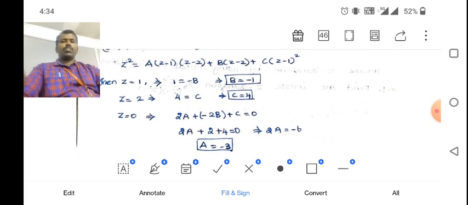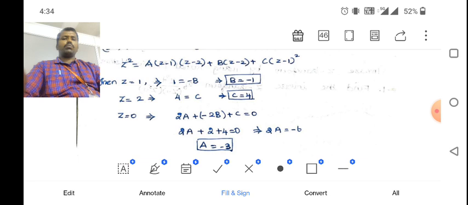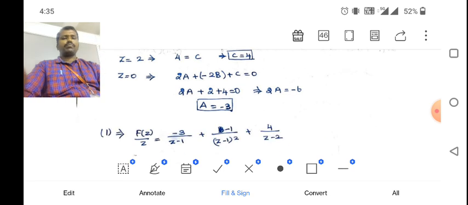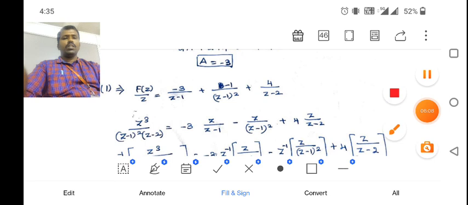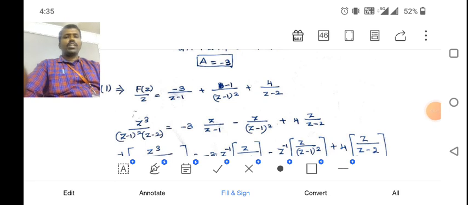When z equal to 0, it implies 2a minus 2b plus c equal to 0. 2a plus 2 plus 4 equal to 0, therefore 2a equal to minus 6, a equal to minus 3.